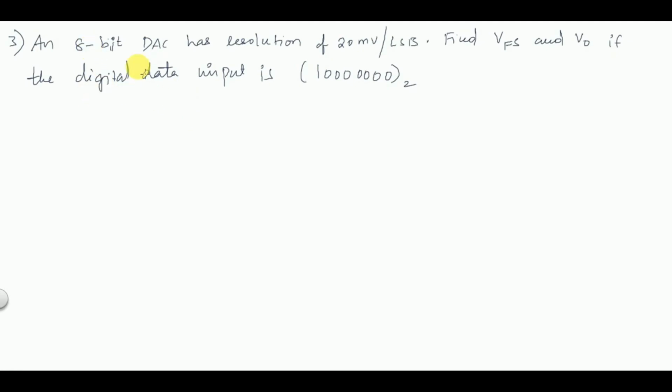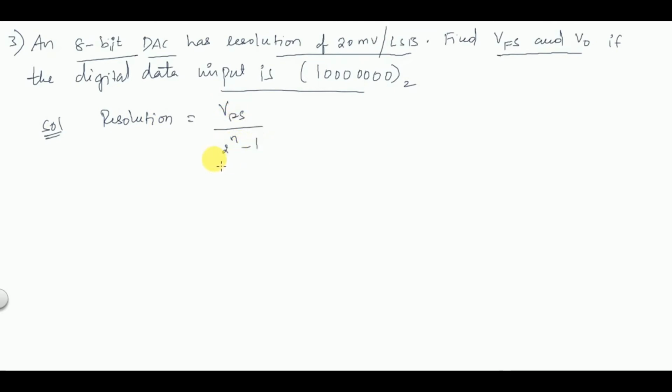So the next question, he has given an 8-bit DAC with resolution of 20 millivolts per LSB, and you are asked to find full scale voltage and output voltage for the digital data. So what is the formula for resolution? Resolution is equal to VFS by 2 power n minus 1.